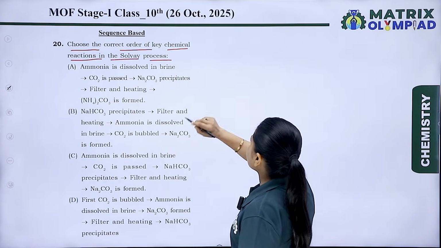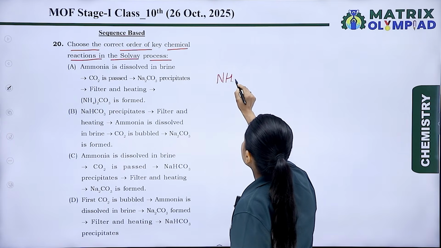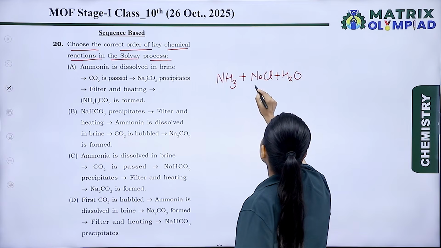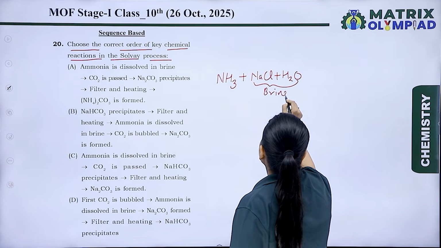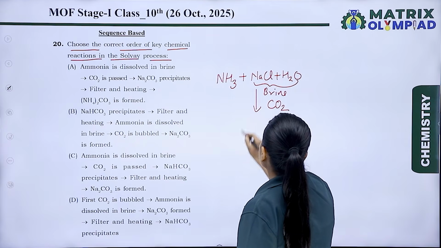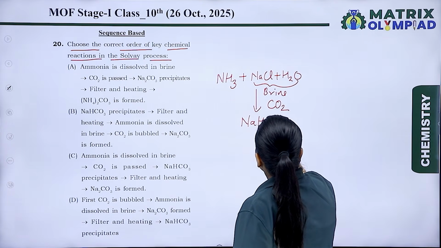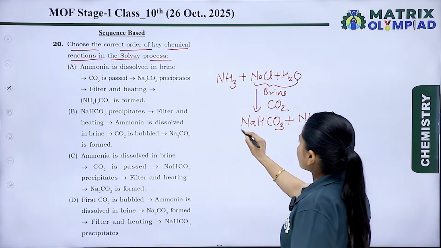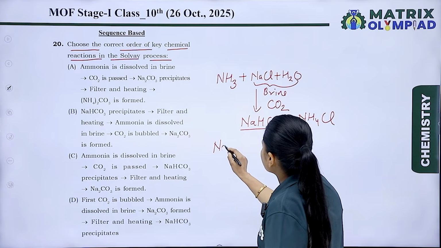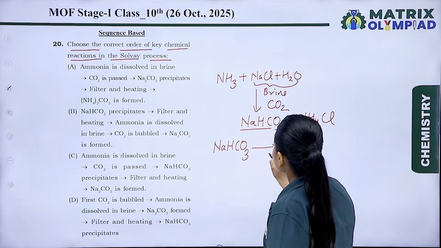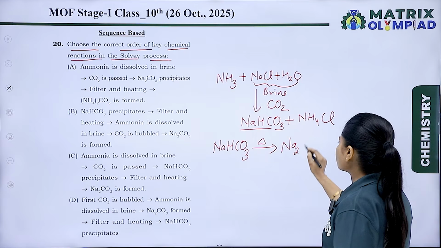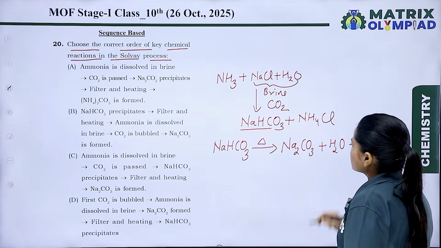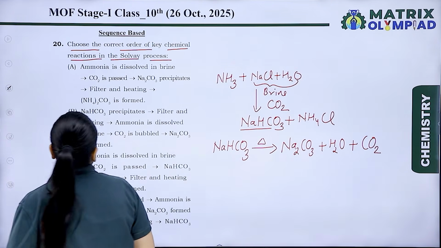As we know, in the Solvay process, when ammonia is passed in brine water, then after passing CO2 we get sodium bicarbonate plus NH4Cl, and after filtering the sodium bicarbonate and heating we get sodium carbonate plus water plus CO2. Let's discuss what is the correct sequence.